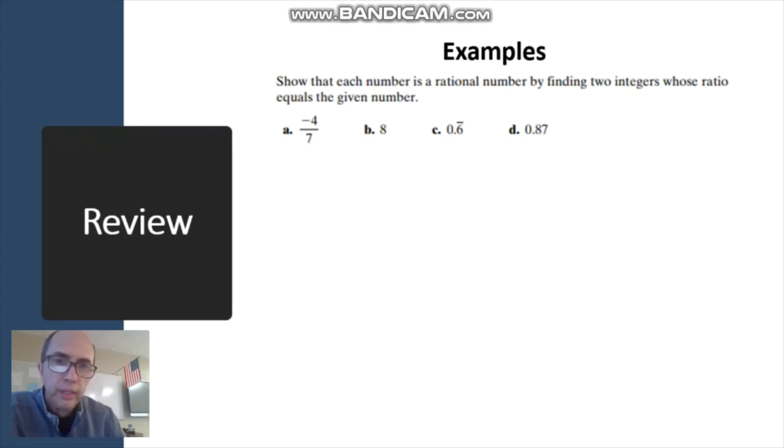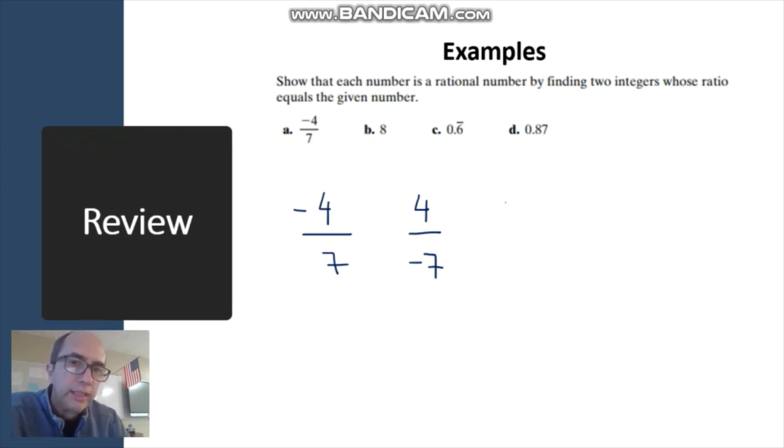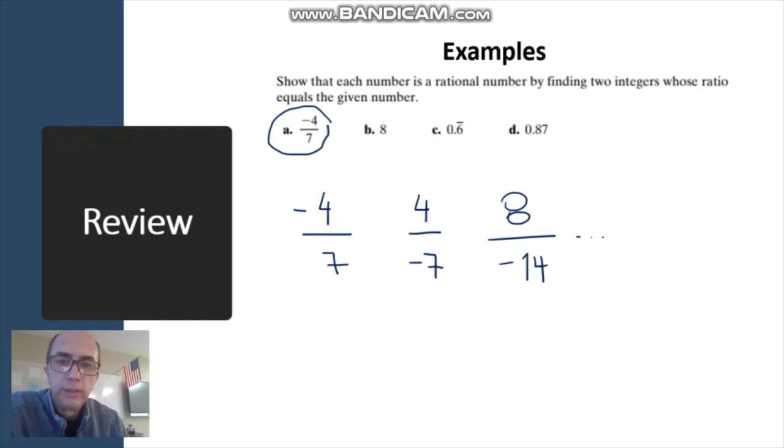If you have -4 over 7, or 4 over -7, or even 8 over -14, or something like that, then you have -4/7. This is a rational number.